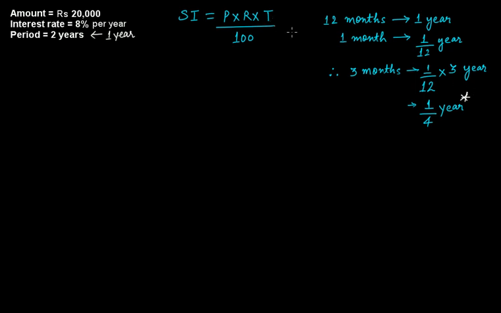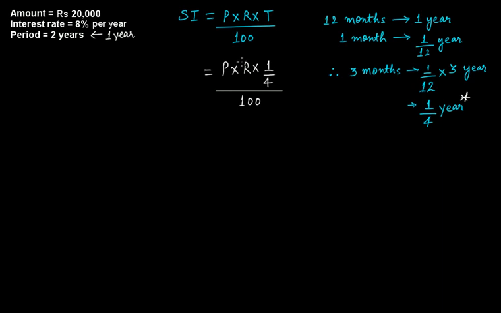So if you put this T here, just keep this P as it is and R as it is, then T, since T is equal to 3 months in the case of quarterly, it means 1 by 4 year. This is 1 by 4 and divided by 100.